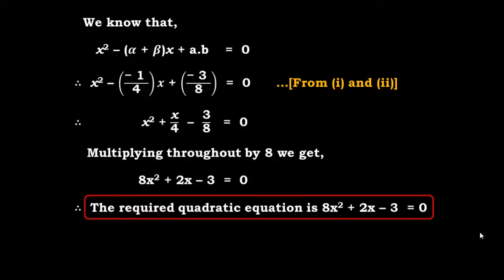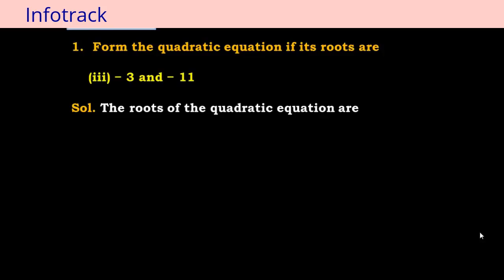See, in this way, by using the formula x square minus (alpha plus beta) into x plus alpha into beta is equal to 0, we can find out the quadratic equation. See the next question. The roots of the given quadratic equation are minus 3 and minus 11. So alpha is equal to minus 3 and beta is equal to minus 11.